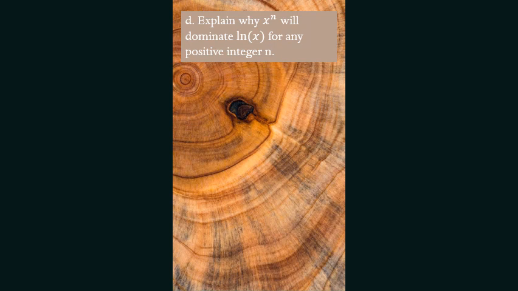Part D wants a similar explanation as to why x to the n will always dominate logarithm x. So this one's pretty straightforward. If you recall, the first derivative of a log function is just 1 over the independent variable. So as x approaches infinity, you're dividing 1 by a larger and larger number, yielding a smaller and smaller result. The first derivative of an exponent function is doing the exact opposite.